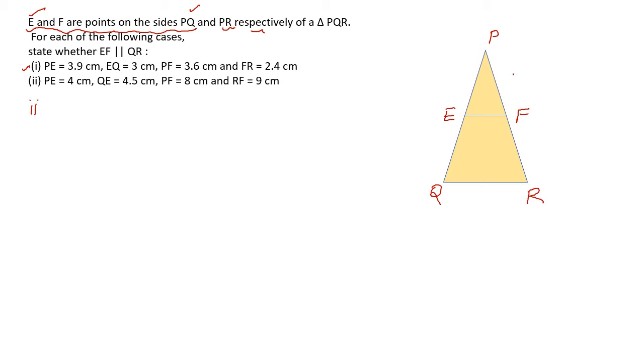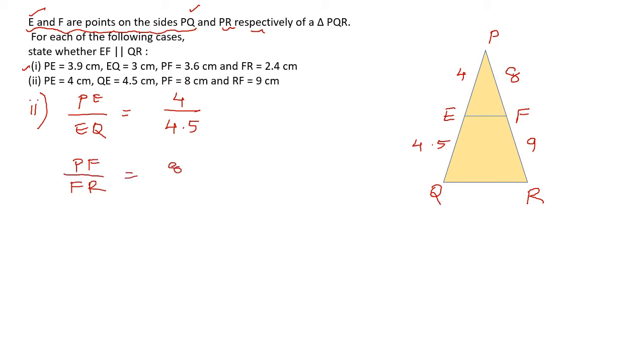So PE is 4, QE is 4.5, PF is 8 and RF is 9. In the second question, we'll first find PE by EQ. PE by EQ is equal to 4 by 4.5. And we'll find PF by FR. PF by FR is equal to 8 by 9.